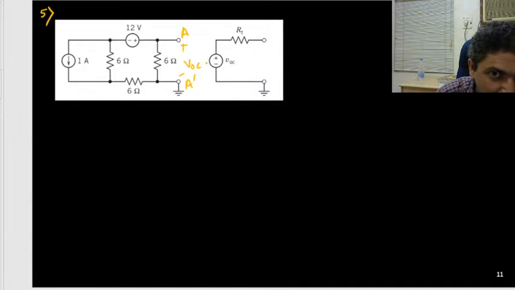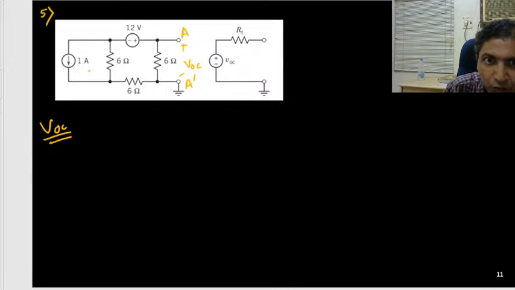Which method have you used? Node, source conversion. I think source conversion could be the easiest one. It's a very simple one. If we want to find VOC, that is what we are going for. We will keep everything and try to find the open circuit output voltage.